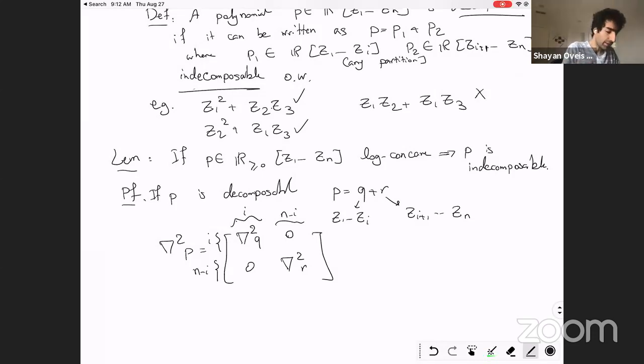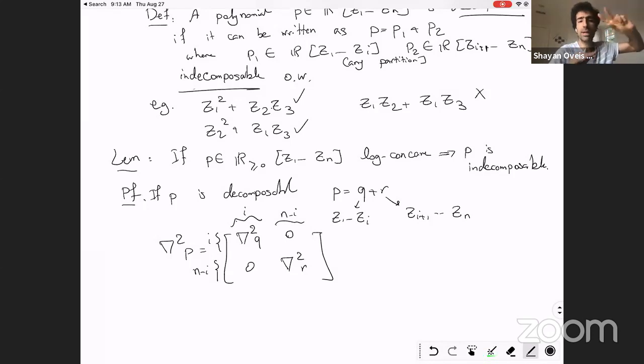Now, here's the point. By the Perron-Frobenius theorem, this matrix has two positive eigenvalues. The eigenvalues of this matrix are the union of the eigenvalues of the Hessian of Q and the Hessian of R, because it's block diagonal. And because each of Q and R has non-negative coefficients, the Hessian of Q has one positive eigenvalue by Frobenius, and the Hessian of R has one positive eigenvalue.